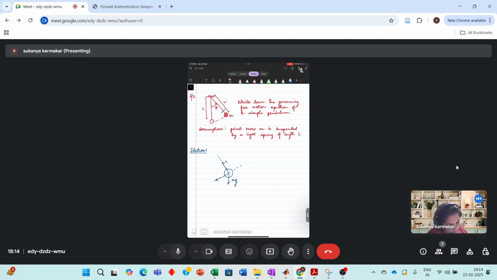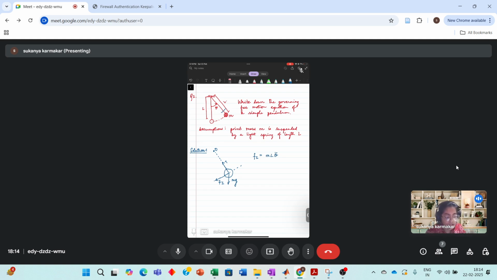Let me call this Fi. And let's say this is the support. Let me name this point O. Now, what is the value of this inertial force? From our knowledge of circular motion, we know that this is equal to m l theta double dot. Right?